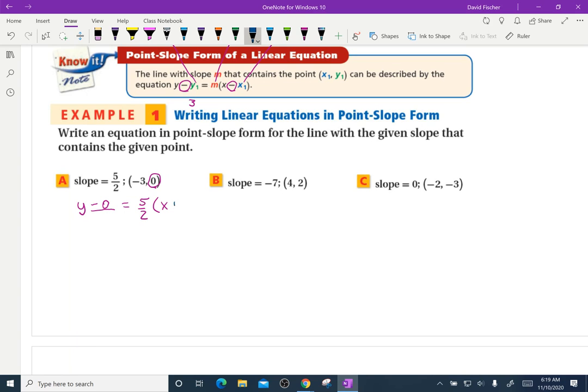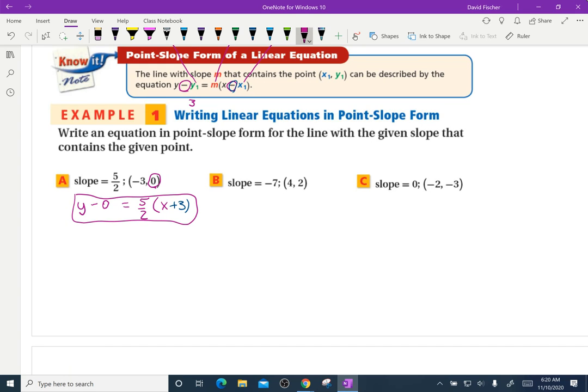So I want to put in a plus 3 because again, there's a minus already in the formula right here. So if I want to put a minus in, that'd be a minus 3, which is the same as a plus 3. So I can do that mentally so that I don't have to keep rewriting things. All right, so there's our equation right there in point-slope form.